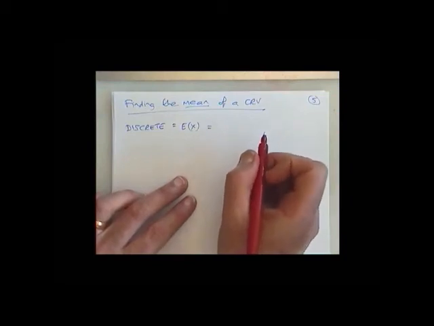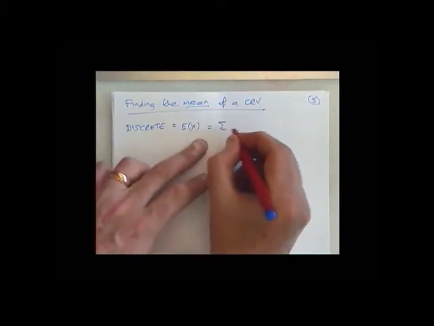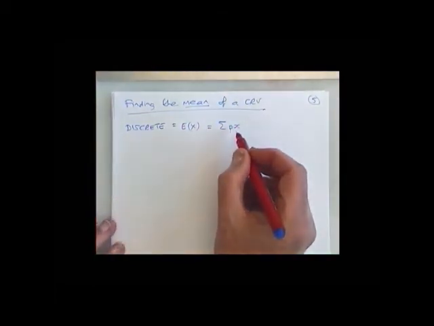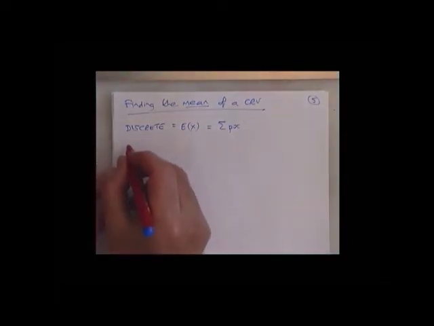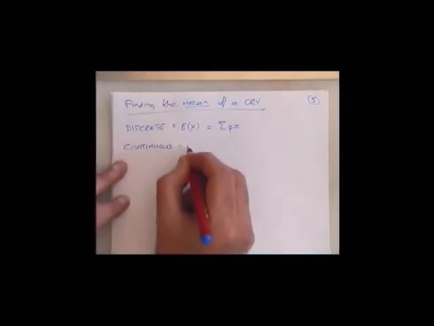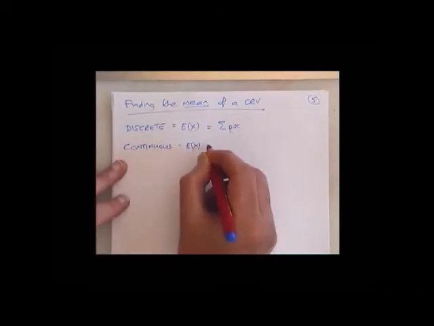The sum of each probability times the value of x, all added up. That was the discrete version, a formula you're familiar with. Now we are looking at the continuous version, and we want a formula for the expected value of x.